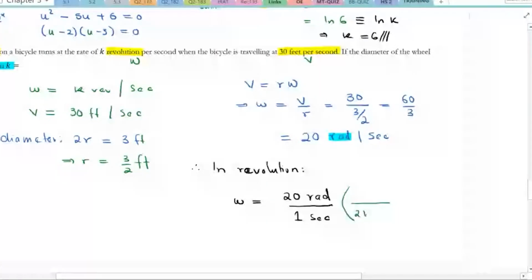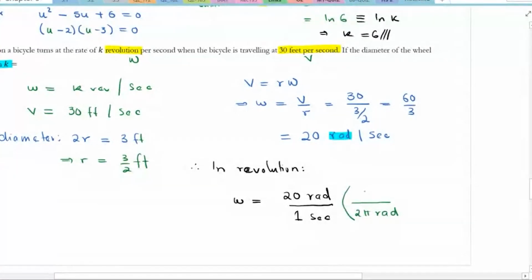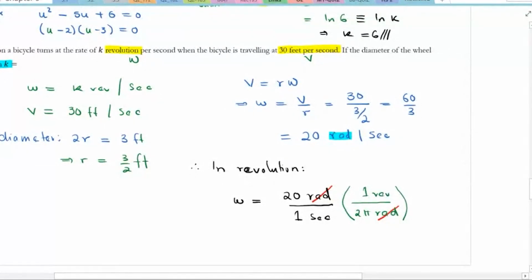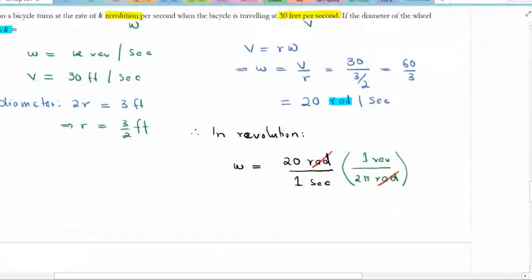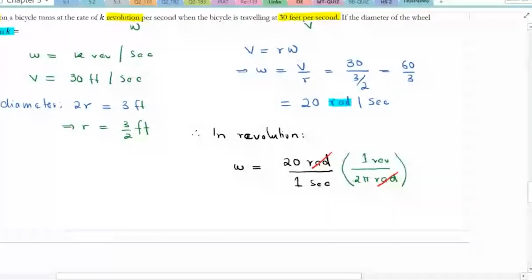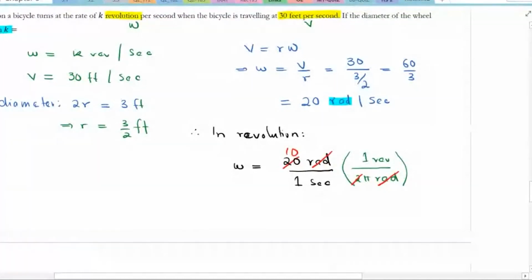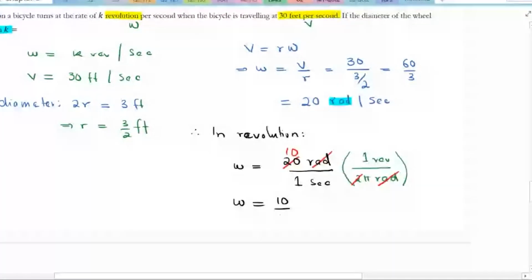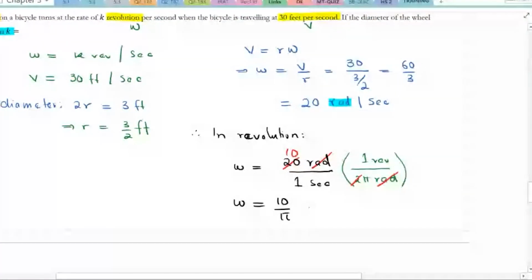We know 2 pi radians is equal to 1 revolution. Now, why did I put radian down? Because I want this radian to cancel with radian so that we have revolutions per second. And then you agree with me that 2 can go here, we have 10. And that means w is going to be equal to 10 over pi, now in revolutions per second.